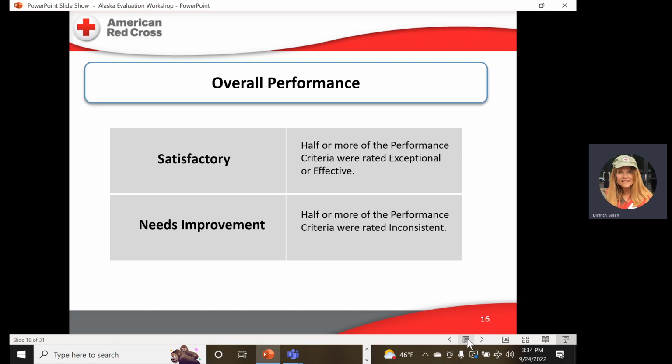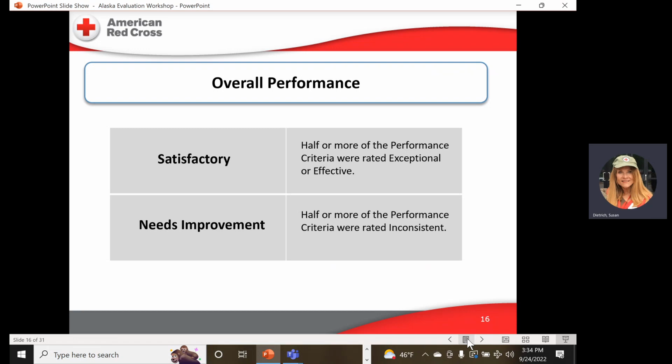There's a place to gauge overall performance. And now this one is easy. If you have filled out the other ones, and half or more of the performance criteria were rated exceptional or effective, that's satisfactory. So you can see all or almost all of the people who report to you are going to be satisfactory.